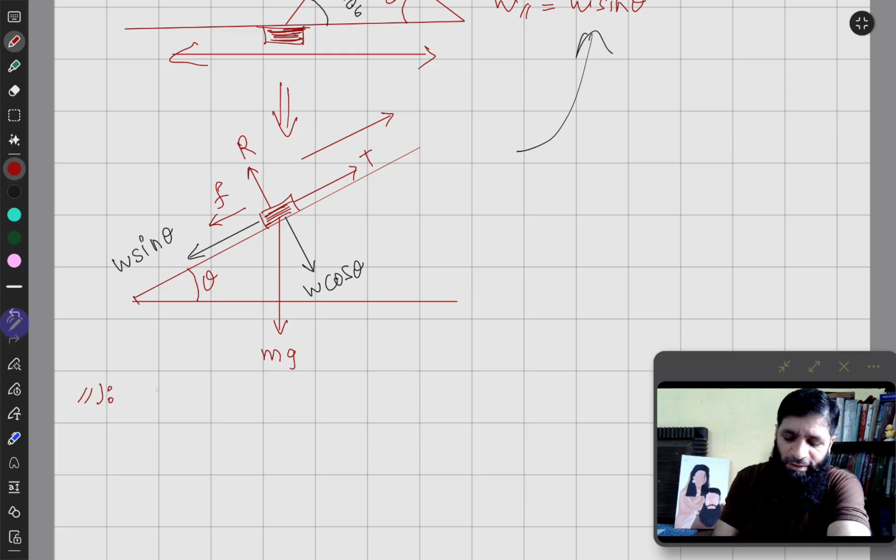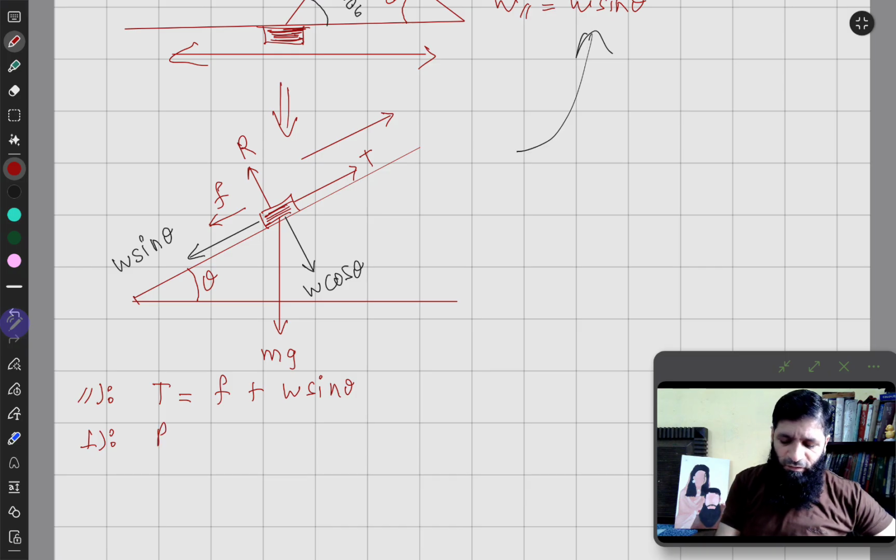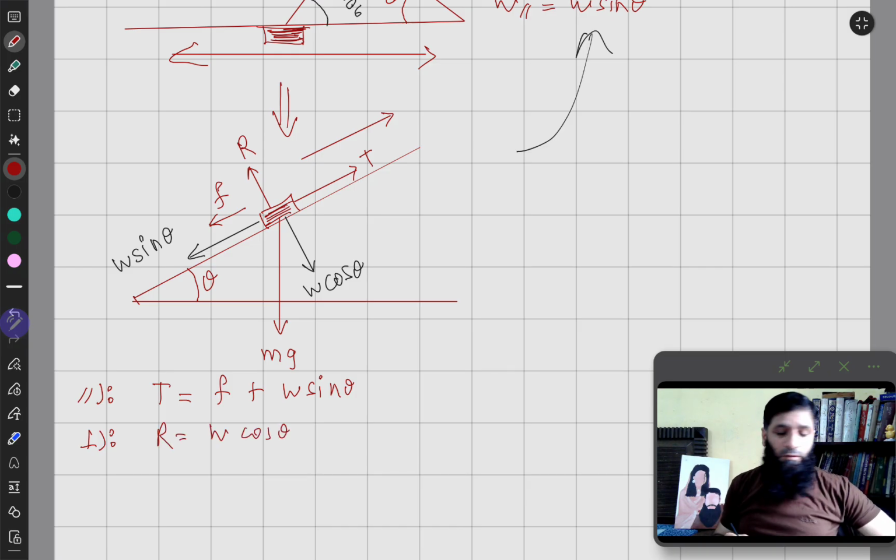So you can have an expression for the parallel forces, that T will be equal to F plus W sin theta. And in case of perpendicular components, you can have an expression. You can see that you have two perpendicular forces. R is upward and W cos theta is downward.